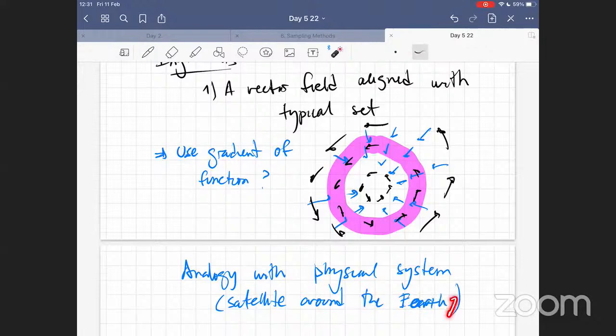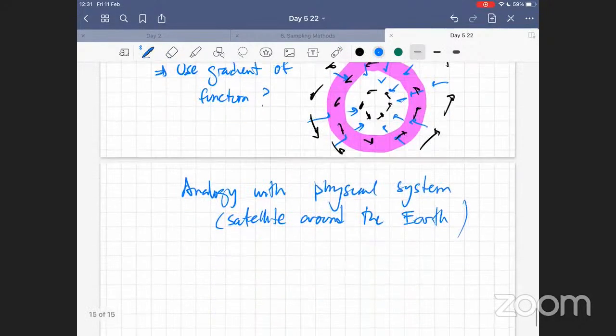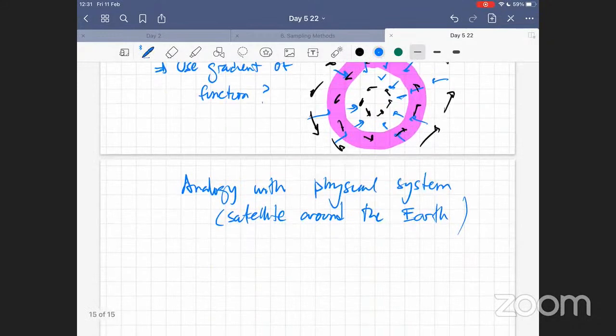This satellite would need some momentum, right?